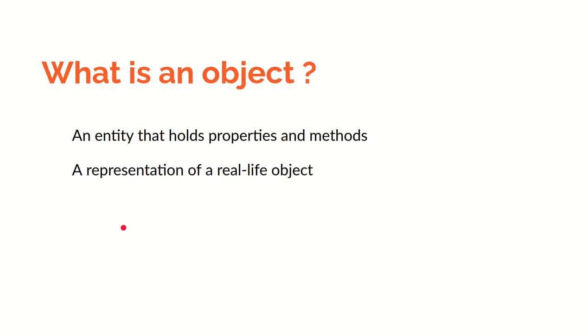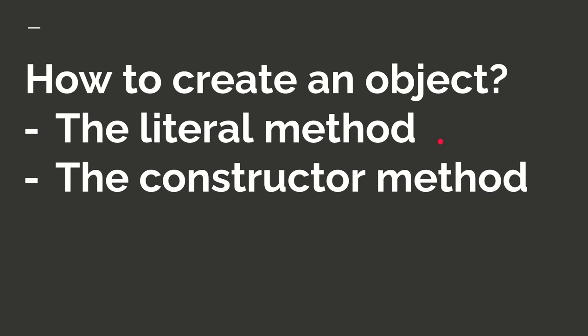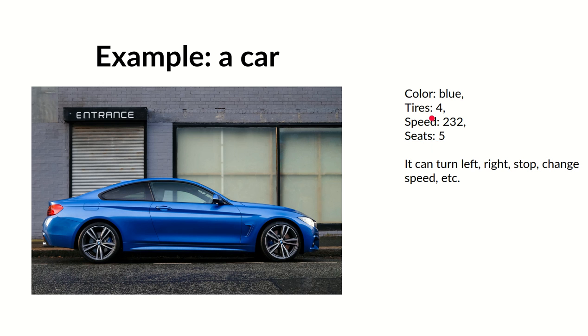A car is like a world where inside this car you have seats, you have tires, you have a color of blue, and you have many things inside the car. And the car has properties. A property is something that is for the car. Let's say a color, number of tires, the speed.